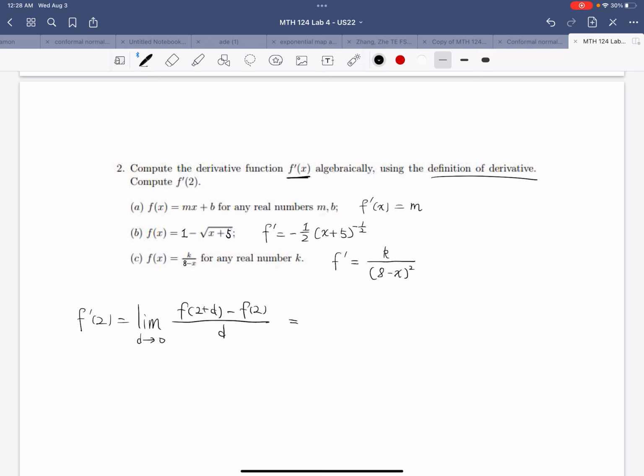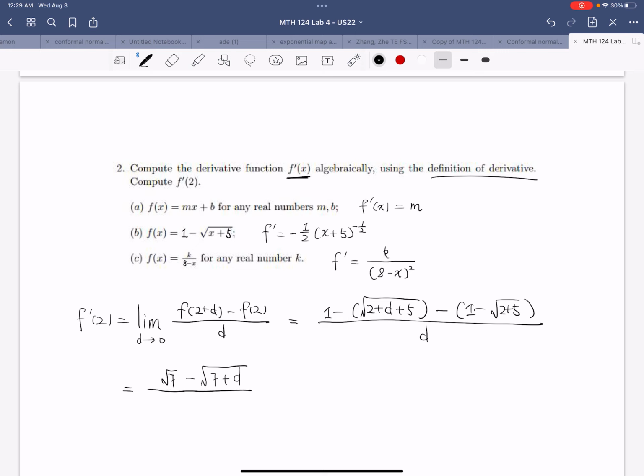Plug in the function's expression and simplify, and we get root 7 minus root 7 plus d, over d.